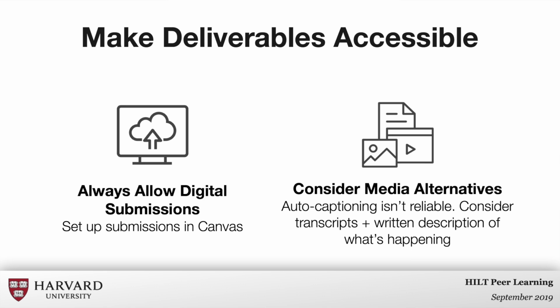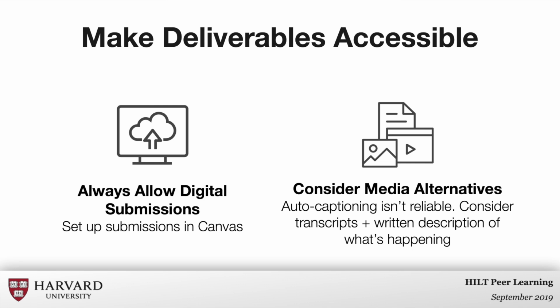Even if it's a traditionally not digital assignment, try to think of ways that you could allow a digital copy of that assignment or of that submission. And one of the easiest ways to have people submit that is just to set up submissions online in Canvas, which is really easy. Your academic technology group or IT probably has some tools to help you with that.